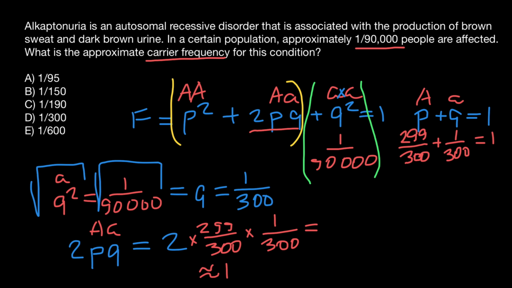So the answer is approximately 1 out of 150. We use the approximation sign to show that this is not an exact number, because this is just a frequency, but we expect the number of heterozygous people, or carriers, to be 1 out of 150. And this is answer B.